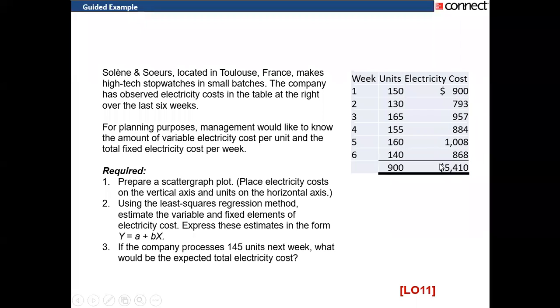What do you think? It is mentioned somewhere, but I'm asking you. On a weekly basis, it is given. Okay. So for preparing a scatter plot graph, you can do it manually, and let's try to use Excel.